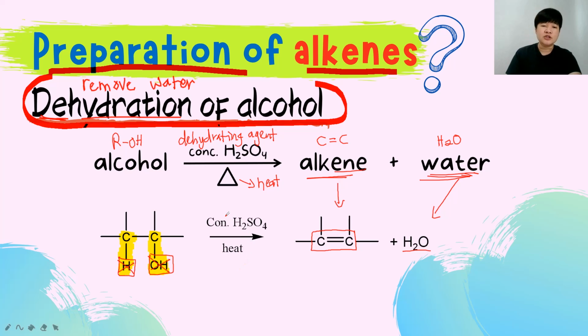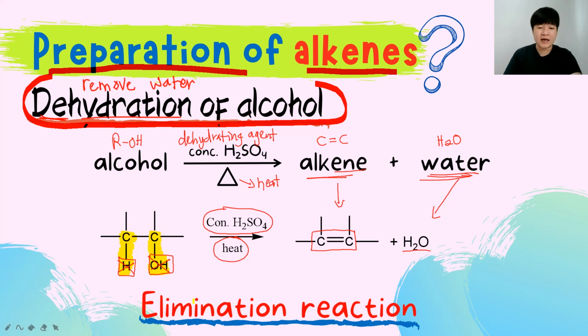Bear that in mind, you must have the presence of concentrated sulfuric acid and also heat for this process to happen. So what type of reaction is this? It's obviously an elimination reaction because we are removing water. We remove water, or we eliminate water. That's why it's an elimination reaction. Simple.